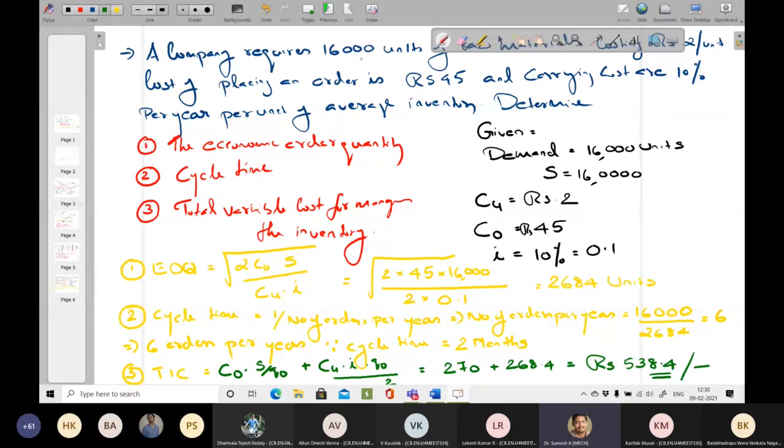The economic order quantity we have determined: out of 16,000 units, you have to place an order of 2,684 units at a time interval of 2 months, so you have 6 orders in a year of 2,684 to meet my yearly demand of 16,000 units. And the total variable cost for managing the inventory will be 538.4. So this is what we will be calculating in the case of inventory models.